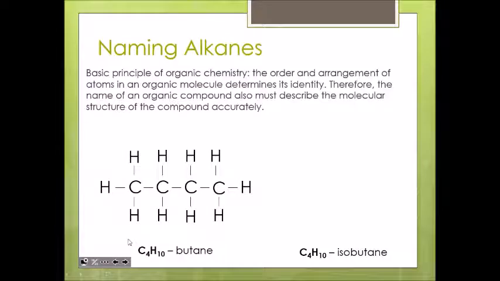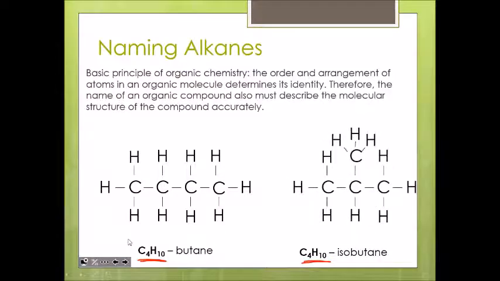This would be butane. It has 4 carbons in it. The prefix for 4 is but. We'll get to the rest of the prefixes, but butane is what's found in lighter fluid. Now, it has 4 carbons and 10 hydrogens, noted by its formula right here. Well, look over here. Isobutane also has 4 carbons and 10 hydrogens in it.